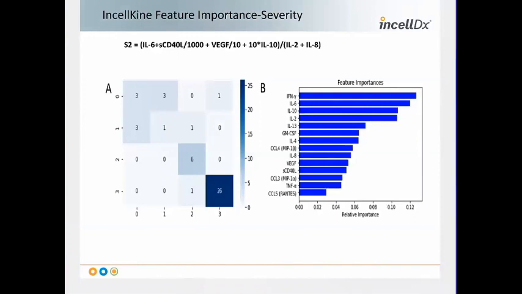And we found a severity index shown in the formula above, which is interleukin 6 plus soluble CD40 ligand divided by 1,000 plus VEGF divided by 10 plus 10 times IL-10 divided by IL-2 plus IL-8, which clearly distinguished severe COVID from mild to moderate COVID.